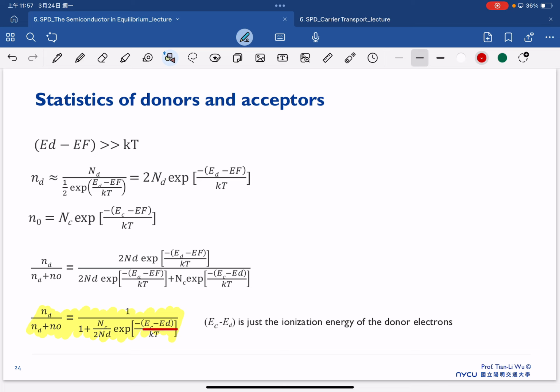And EC minus ED is the ionization energy, right? This is something that we already defined before. This is the gap between the conduction band and the donor state energy. That's the EC minus ED here.